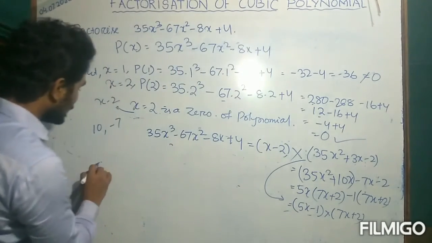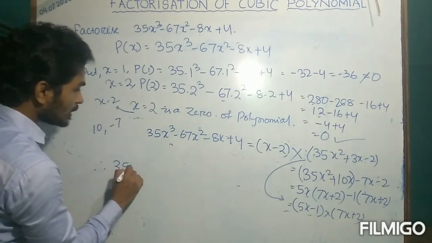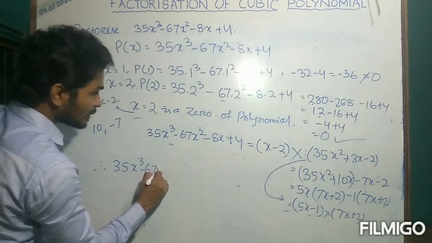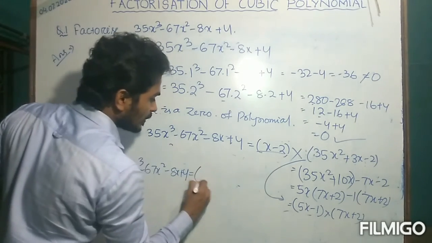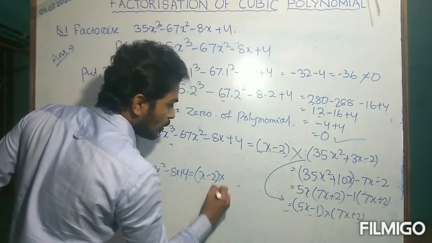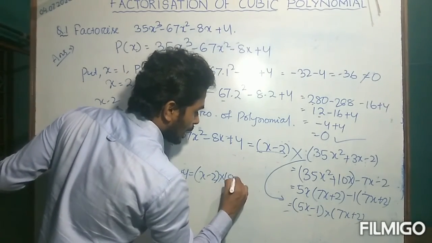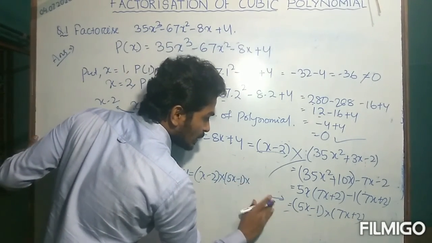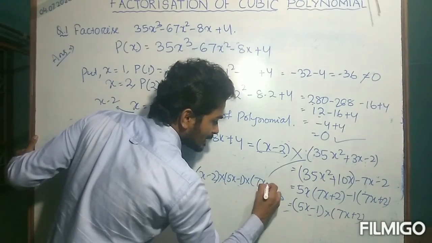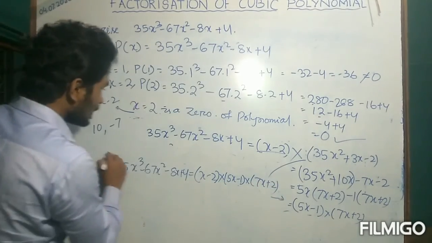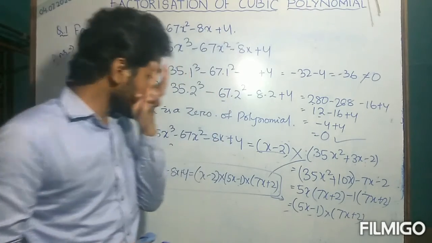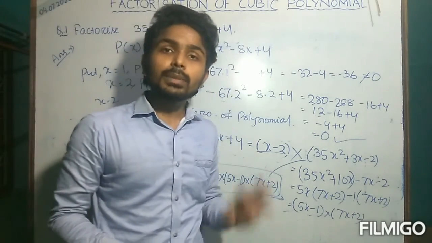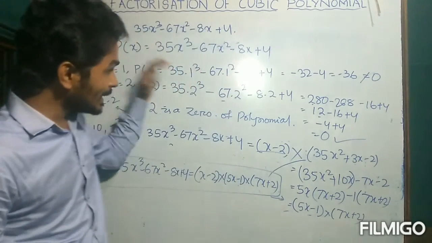So we can write this cubic polynomial 35x cube minus 67x square minus 8x plus 4 as the product of x minus 2 whole into 5x minus 1 into 7x plus 2. This is done. Hence, any cubic polynomial can be factorized into the product of three linear polynomials using the hit and trial method.